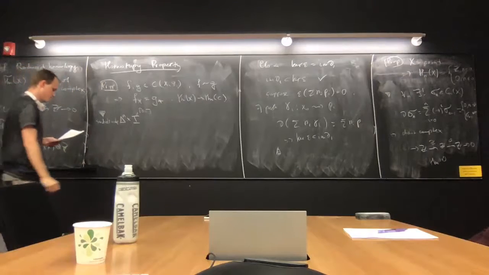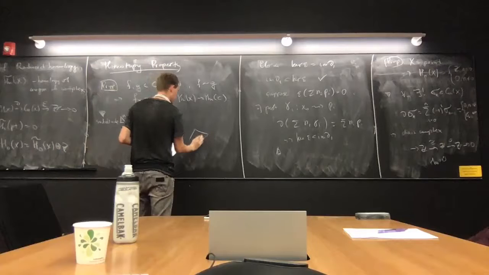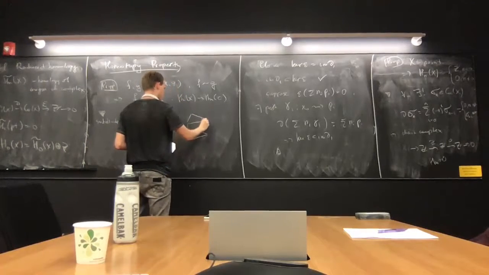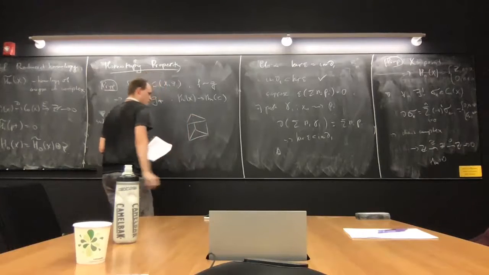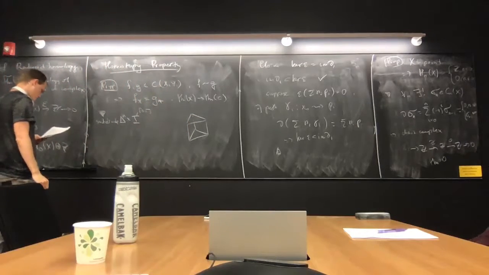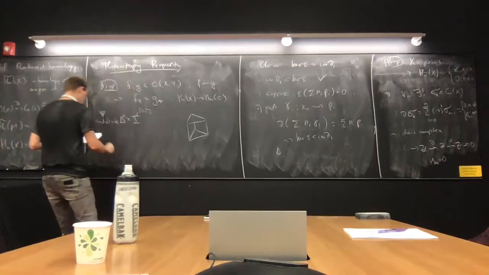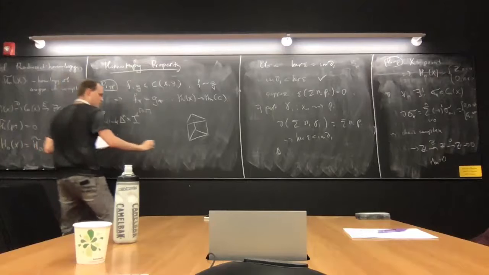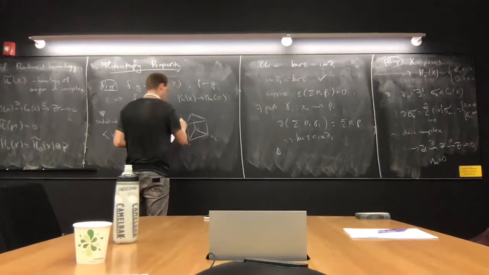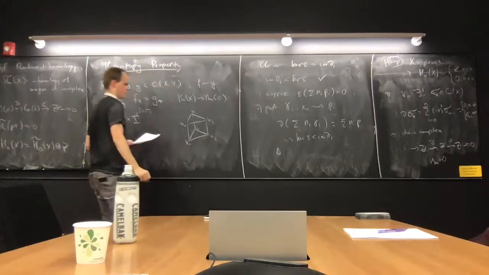So let's imagine a two-dimensional case where there's a triangle, and then this is just a prism, right? The way you subdivide is the following. Let's call this V0, V1, V2, and W0, W1, W2.